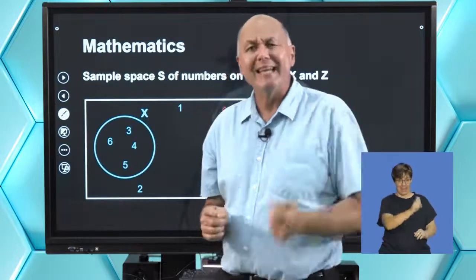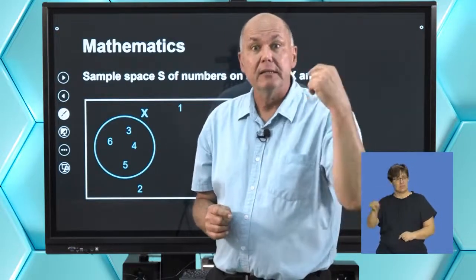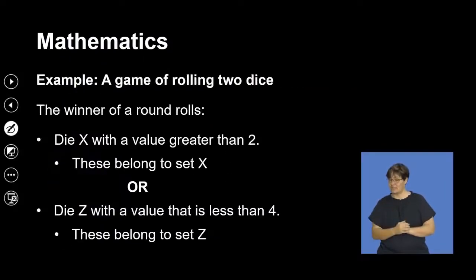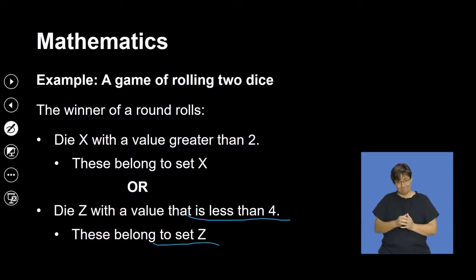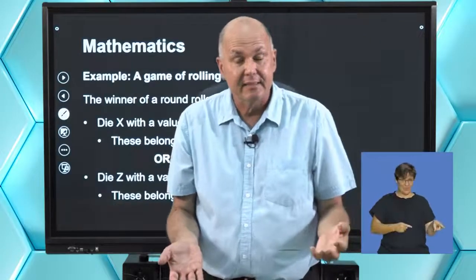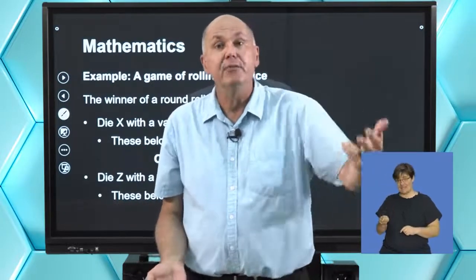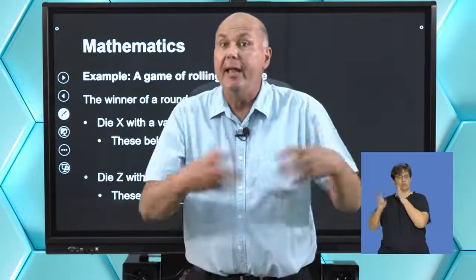But what about the second die? What about die Z? Have a look what the rules are. So in this game, die Z, you can be a winner with a value that is less than 4. And these have to belong to set Z. So it's not the same as it was for die X. Die Z, the red die, now has a different set of criteria that make you a winner.